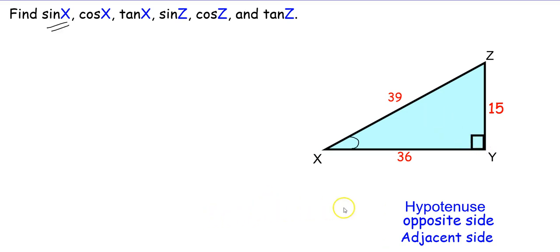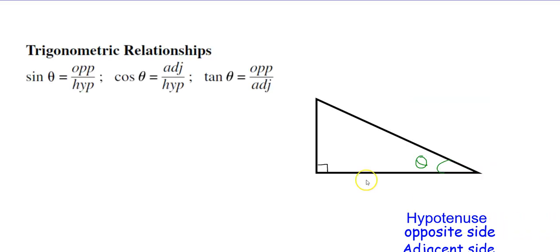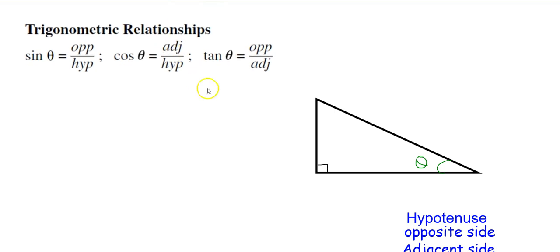So let us look at the definitions of these trig ratios. We know that sine theta equals opposite side over hypotenuse, cosine of this angle theta equals adjacent side over hypotenuse, and the tangent is opposite side over adjacent side. Once again, let us see how these sides are labeled with reference to this angle theta here.